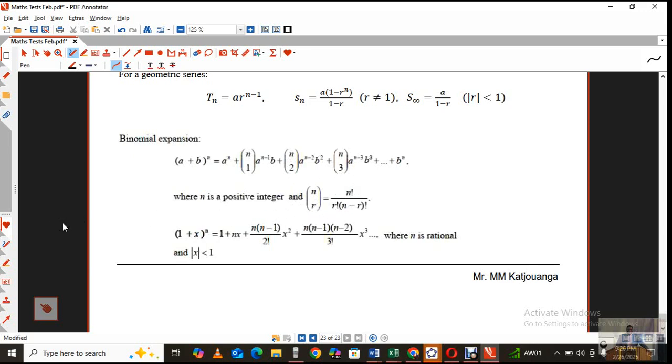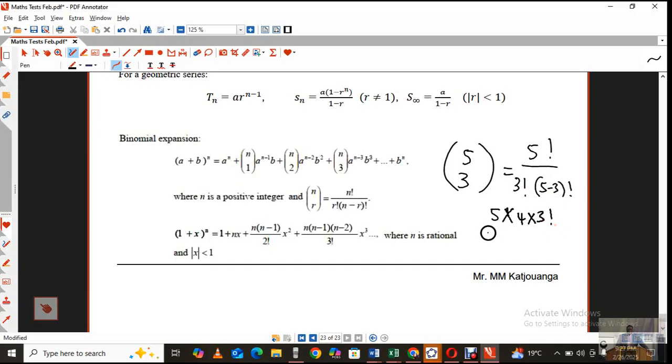So if you were to calculate something like 5 choose 3, the formula is right there. 5 factorial over, of course, 3 factorial and then 5 minus 3 factorial, which is something that can be calculated. 5 factorial is the same as 5 times 4 times 3. I will not go further.